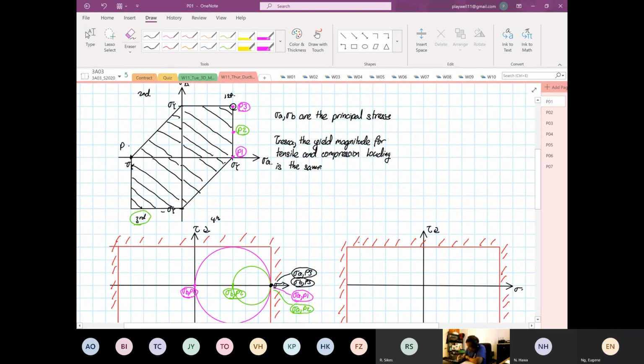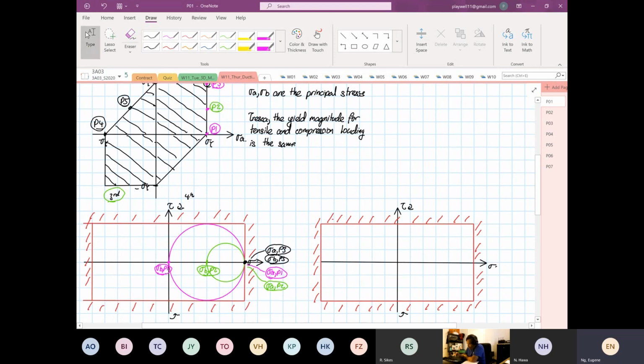Okay. Then we are going to look at point 5. And then we'll look at point 6. Okay. P6. All right. So at point 4, stress A is at the maximum negative, right? So our maximum negative is over here.